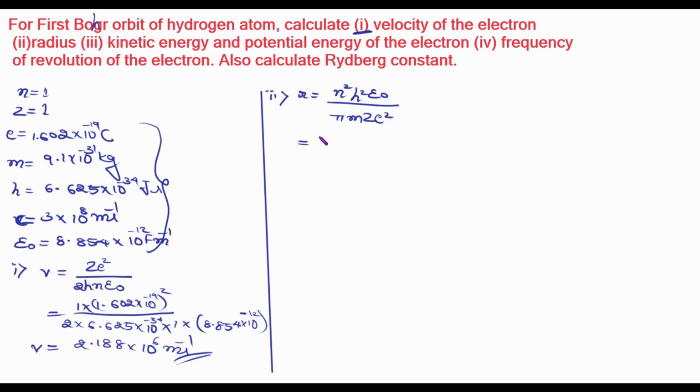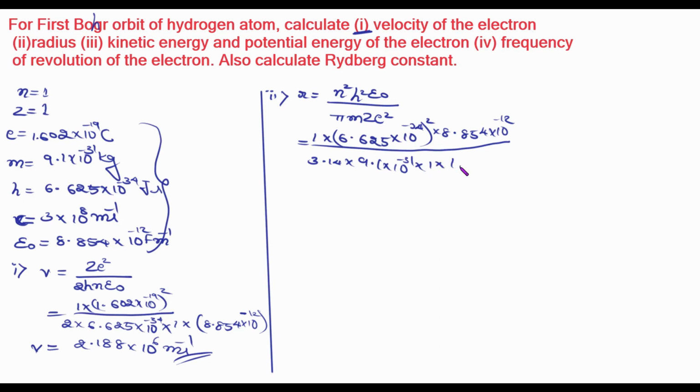Again all the values are known, substitute. 1 into 6.625 into 10 to the power of minus 34 whole square into 8.854 into 10 to the power of minus 12, whole divided by pi is 3.14 into 9.1 into 10 to the power of minus 31, Z is 1 into 1.602 into 10 to the power of minus 19 whole square.